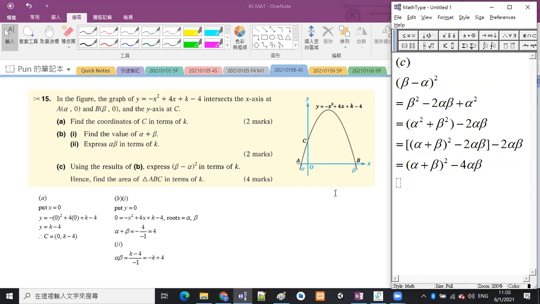So we can replace all the alpha and beta by numbers or by k. That would be 4 squared minus 4 times negative k plus 4. So it should be 16 plus 4k minus 16, which is just equal to 4k. Can you get this?